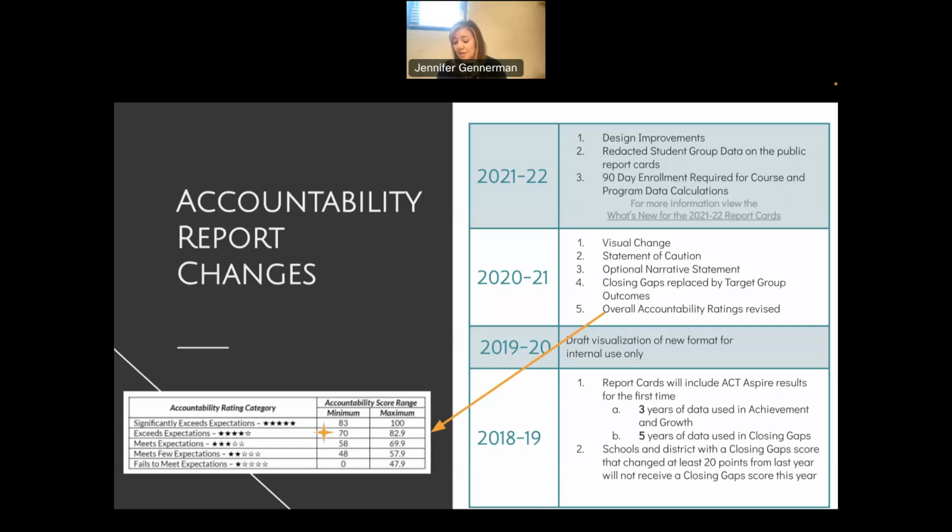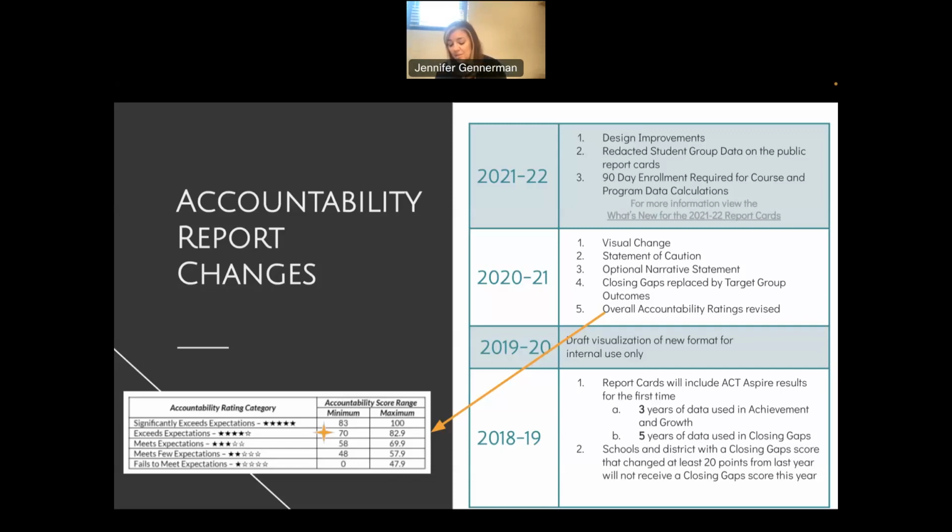The priority area of closing gaps was replaced by target group outcomes, and the overall accountability ratings were revised. You'll see here over on the left, there's a little bit more information about how the overall accountability ratings were revised. What had changed is that the minimal expectation of exceeds expectations was lowered to 70. Prior to this year, the minimal score requirement was 73.